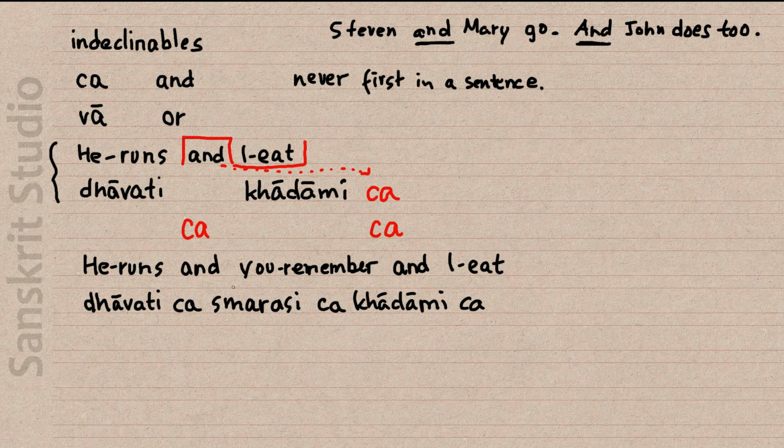So there's one more in Sanskrit. In this idea here, if we call this method 1, with just one cha after the last one, one cha, and method 2 would be one cha after each.